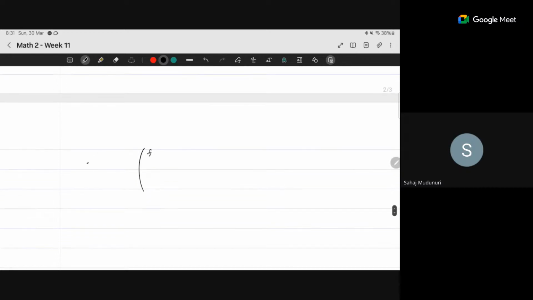So if I want to split it out, the Hessian of f: the first entry is x1 x1, x1 x2, and so on up to x1 xn, then x2 x1, x2 x2, and so on up to x2 xn, then xn x1.